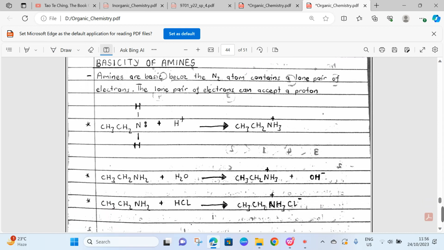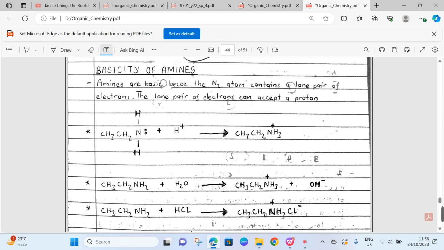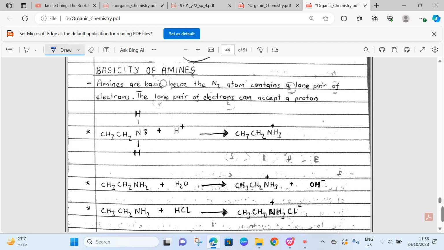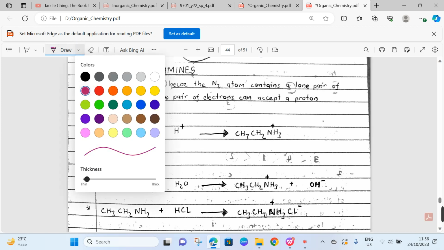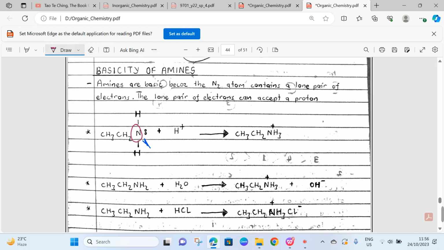Now, as far as this topic is concerned, we come to the most important aspect of this topic, the basicity of amines. What is it that makes amines basic? Okay, amines have got a nitrogen atom, right? And that nitrogen atom has a lone pair of electrons which readily accepts a proton.